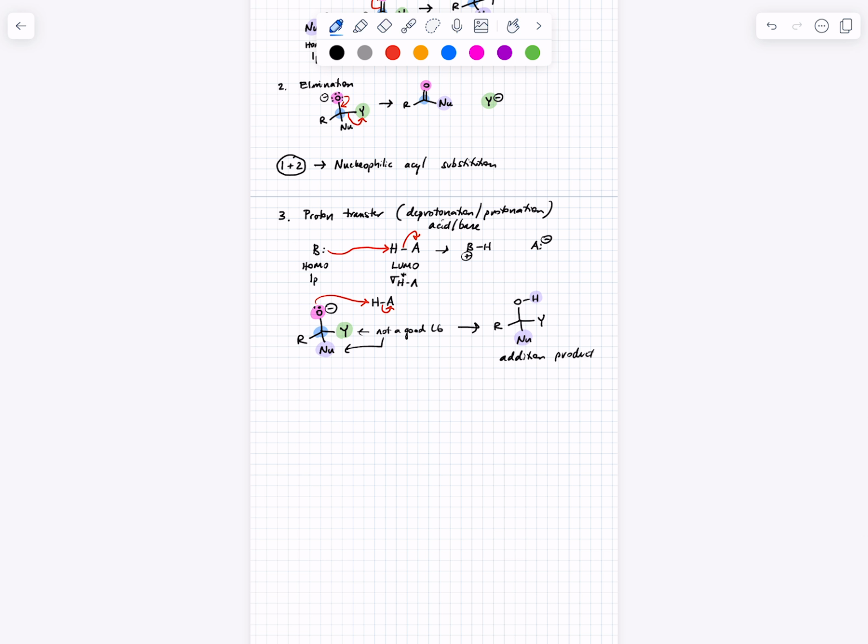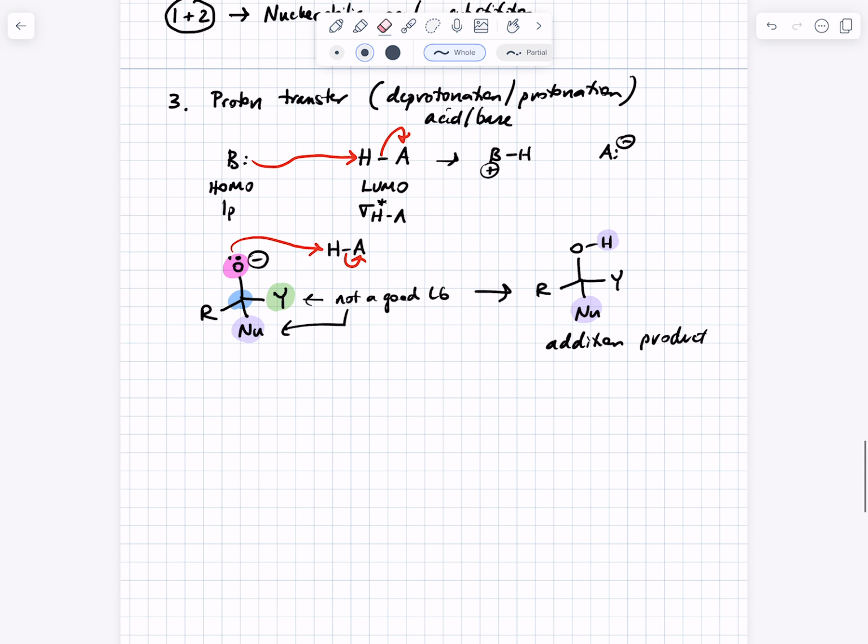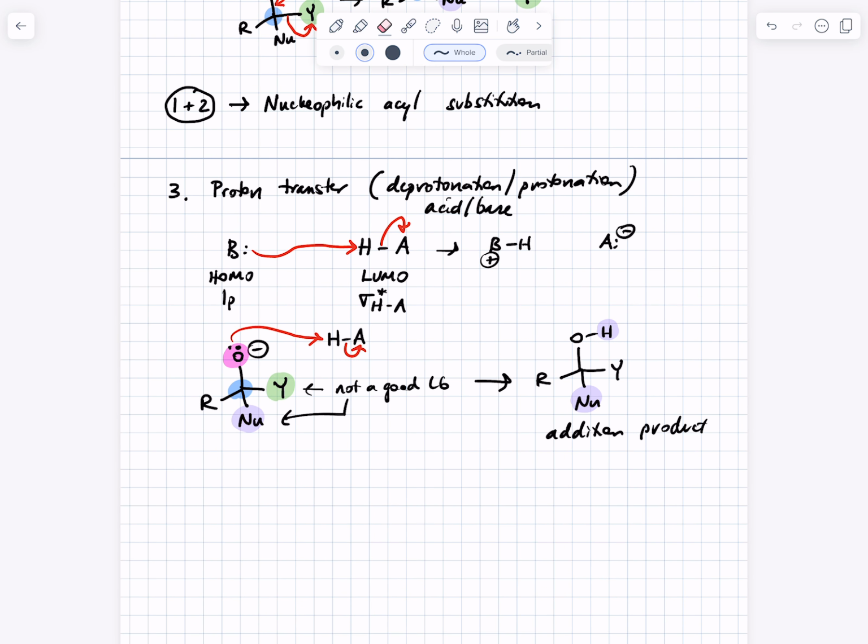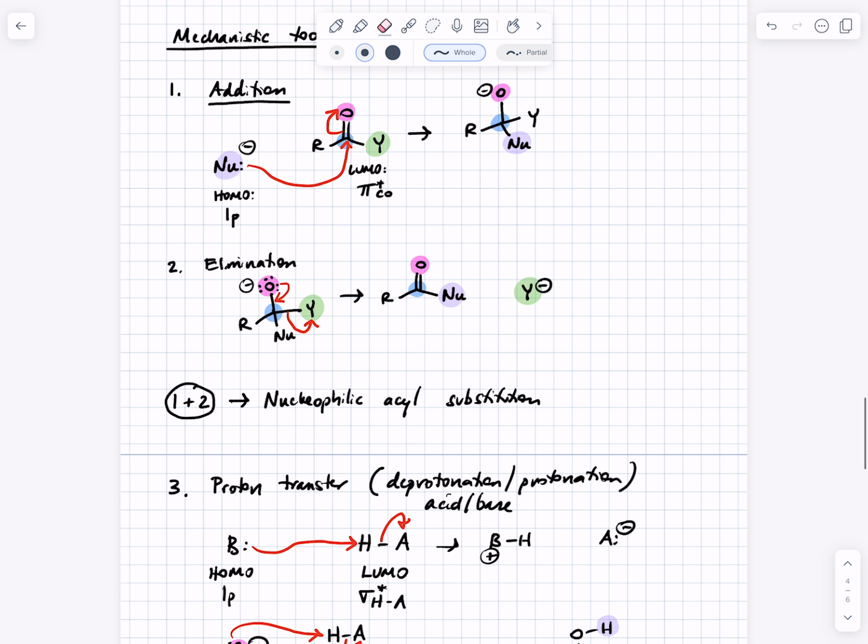So if you do step 1 plus 3, I would just call that addition followed by protonation.